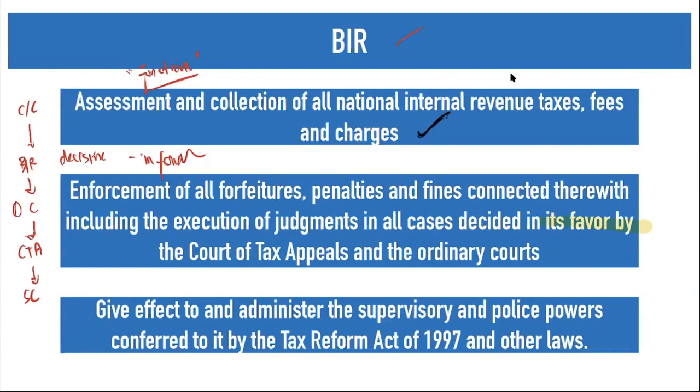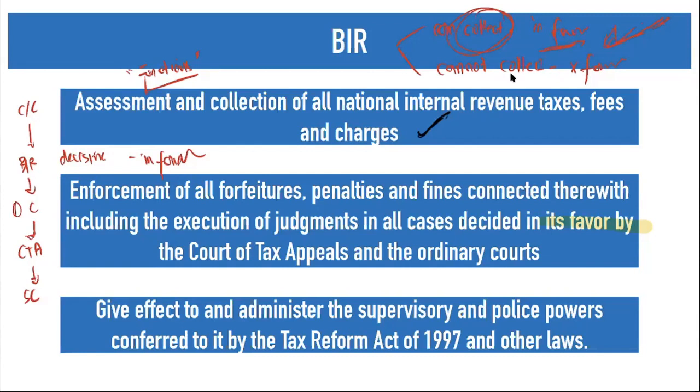Actually, there are only two cases here. Either the BIR can collect, then it is in favor of the BIR. If the decision is that it cannot collect, then it is not in favor of the BIR. Since it is in favor, meaning you can collect, then you can always just enforce this and collect the amount of the judgment from the taxpayer.